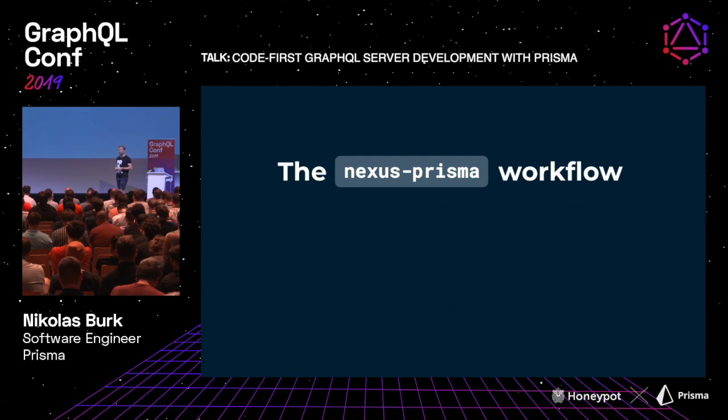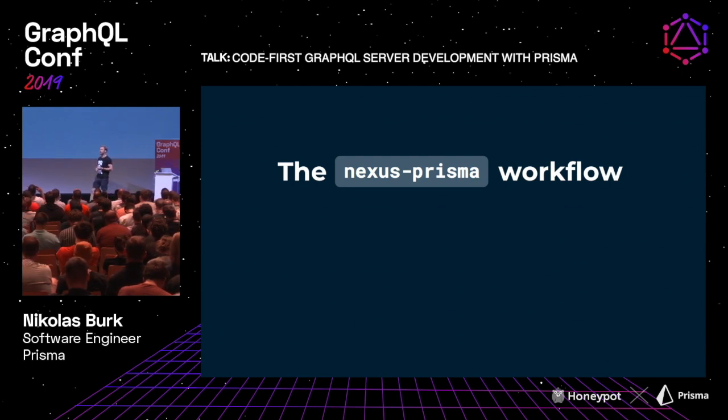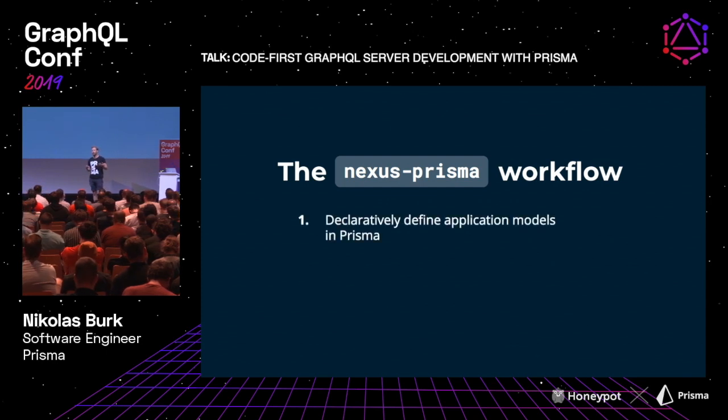So what does the typical Nexus Prisma workflow look like? When you start out with Nexus Prisma, the first thing you do is you need a database, and you somehow need to get a schema into that database. And that you do by declaratively defining the application models in your Prisma data model. So you will have a file that's the project file for Prisma that contains this data model definition.